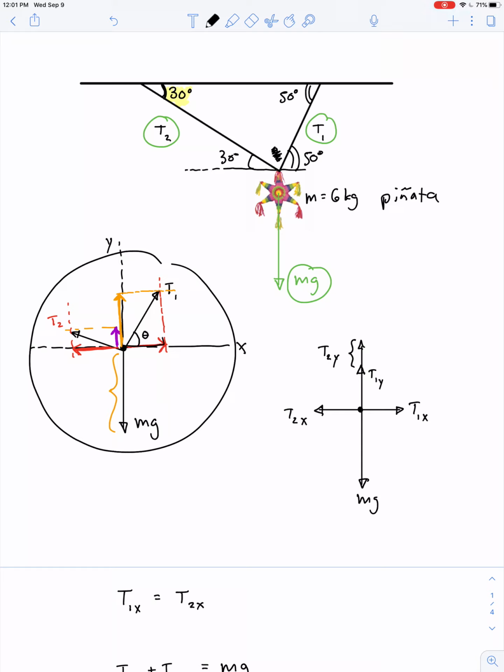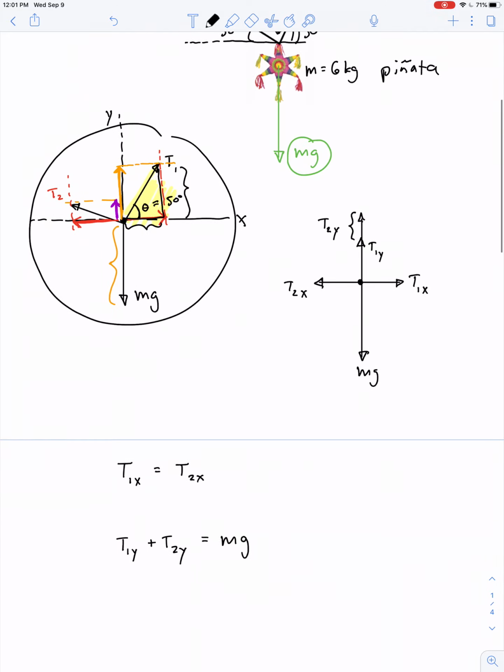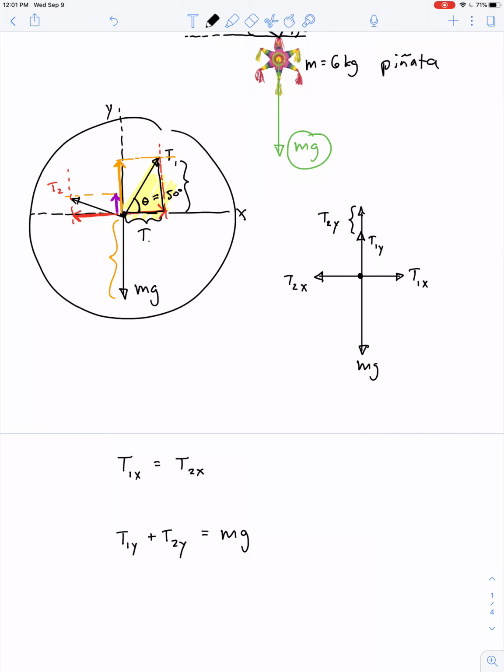So I have a right triangle down here in which I know an angle of 50 degrees, and I'm trying to find basically what's the horizontal or adjacent side to that angle and what's the vertical or opposite side. So, for example, T1 along the x-axis is just T1 multiplied by the cosine of 50 degrees.